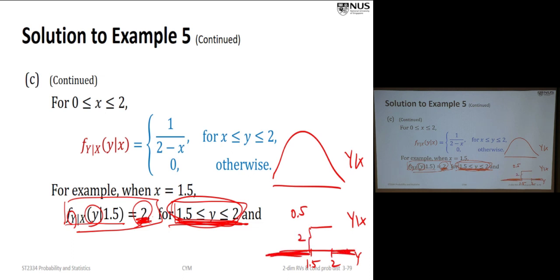And this width is 0.5. 0.5 times 2, so the area under this curve is equal to 1. So it's a uniform distribution because this one does not depend on y, so long as y is between 1.5 and 2. Otherwise, the conditional distribution is 0.